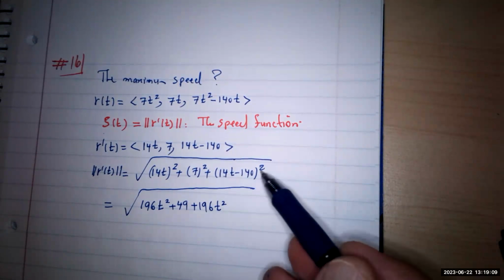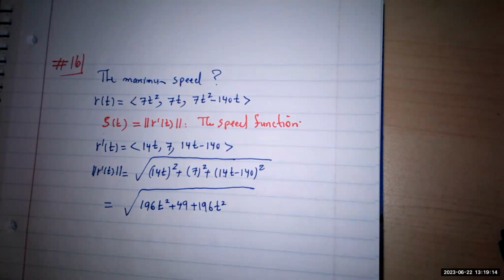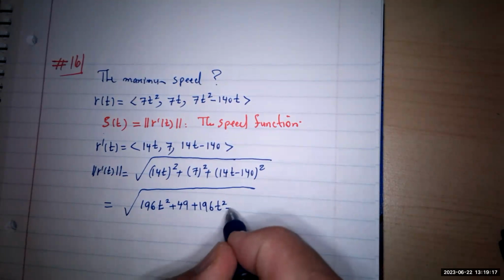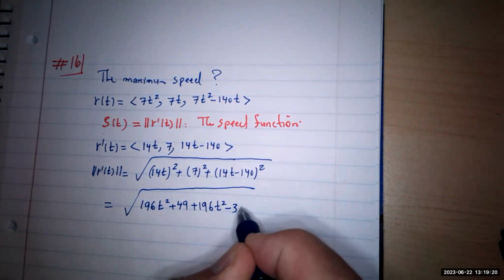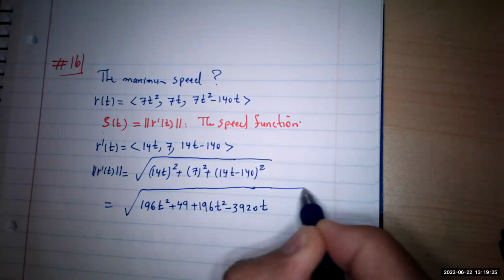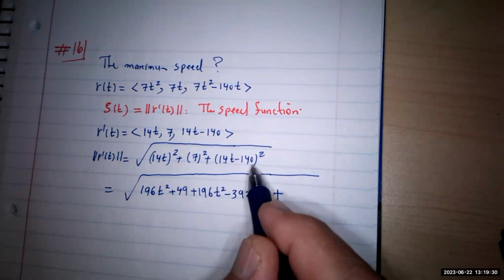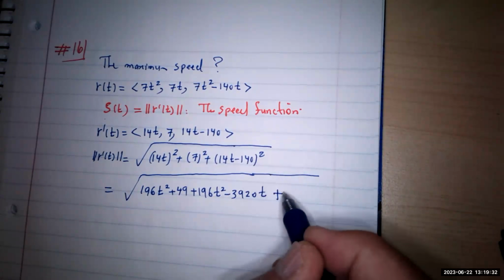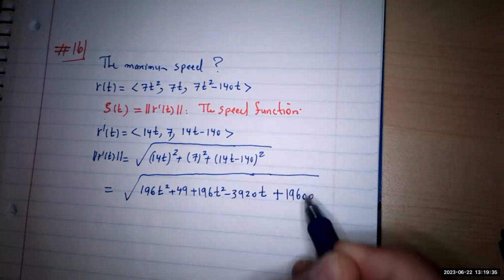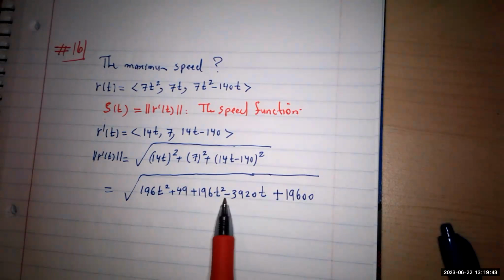Twice the first times the second: 2 times 14 is 28, 28 times 140 gives you 3,920 t. Plus the square of the third one, 140 squared is 19,600. Any question? Most people miss this one, then you'll be in trouble. It's the square of a trinomial, three terms.